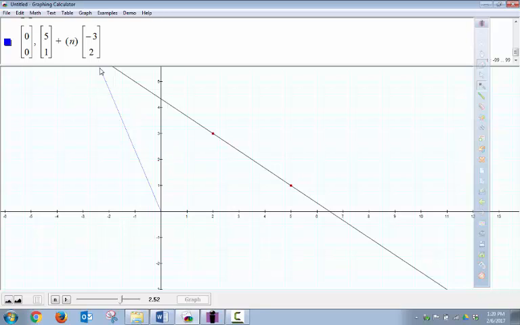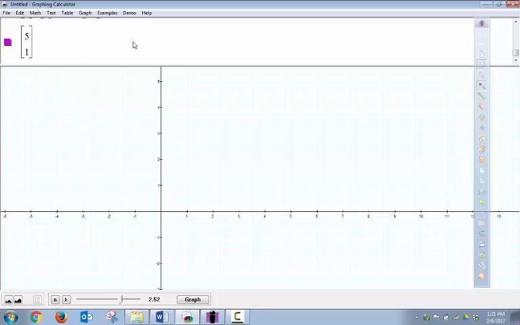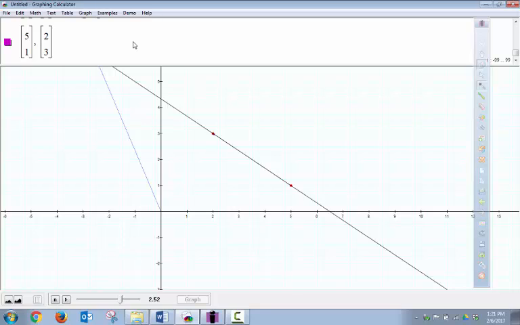Okay? And since the line's made of vectors, it has a direction? Well, let's talk about that. Right now, we define this vector from (5,1) to (2,3), right? In fact, let's draw that vector. Can't see it. Maybe if I take the line out.